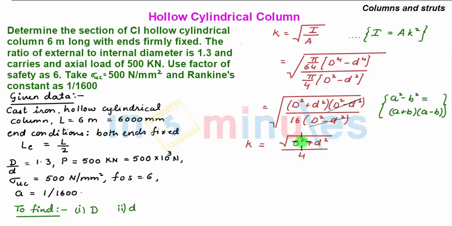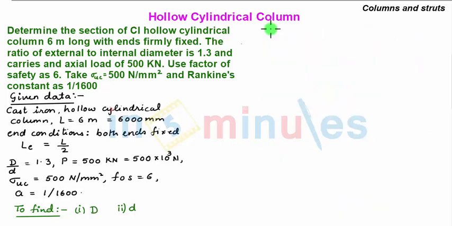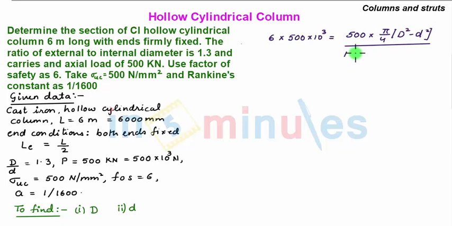Now substituting this value of K in this equation, we get your FOS, which is 6, multiplied by P, which is equal to 500 into 10 to the power 3 Newton, is equal to sigma UC, which is 500, multiplied by area, which is pi by 4 into capital D square minus small d square, the whole upon 1 plus A, which is 1 by 1600, into LE, which is equal to L by 2.